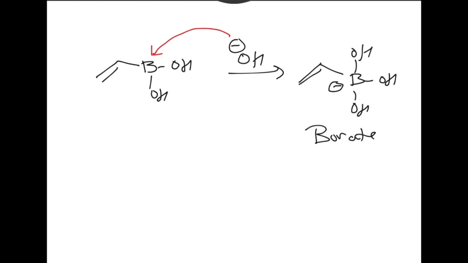Remember, ATE is just how we signal that we have a negative charge on something. So borate is just a boron with a negative charge. And the borate is what's actually able to do the transmetallation.